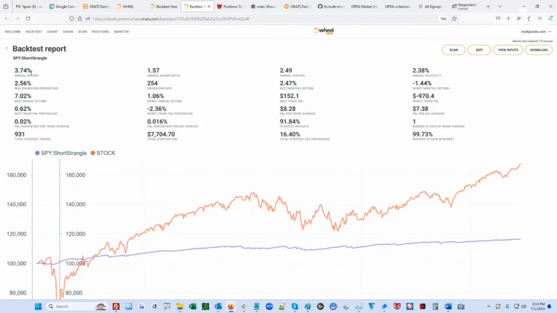One of the things we're going to start adapting our backtests to do is simulate the trade.